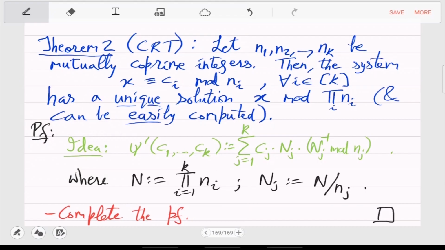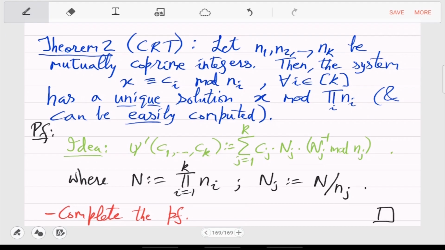So the proof is exactly the same once you have the psi prime maps set up properly. And the algorithm is also the same because you just have a number and you want to take its inverse. So it will again be possible by the same subroutine called extended Euclid GCD.